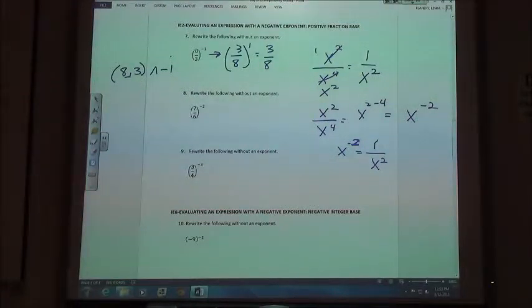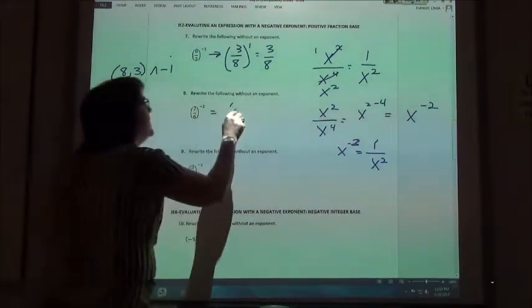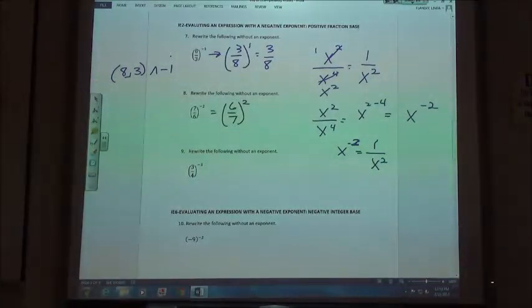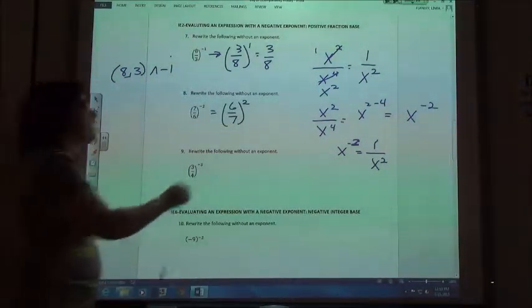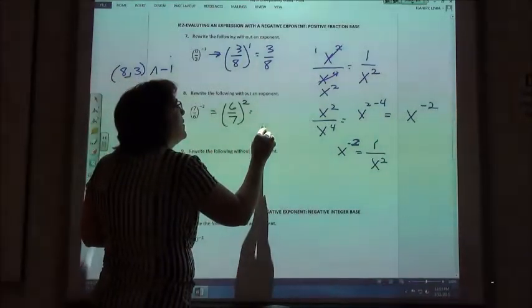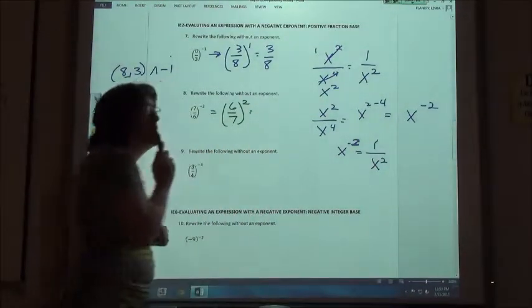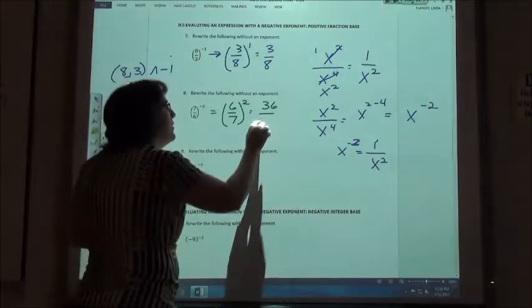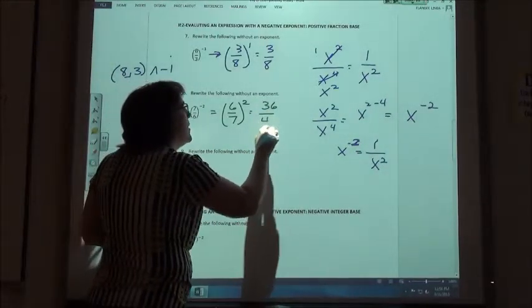If I have 7/6 to the -2 power, the reciprocal of 7/6 would be 6/7, and that makes it a positive 2 instead of a negative 2. On this one, then I have to square. 6 squared is 36, and 7 squared is 49.